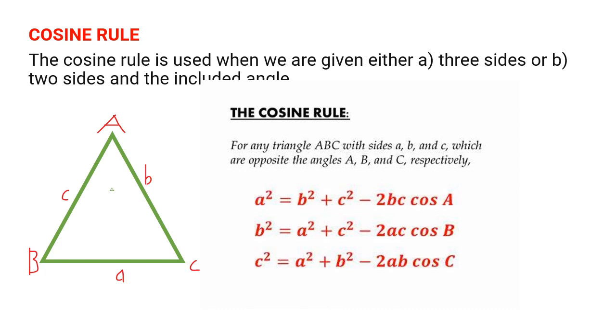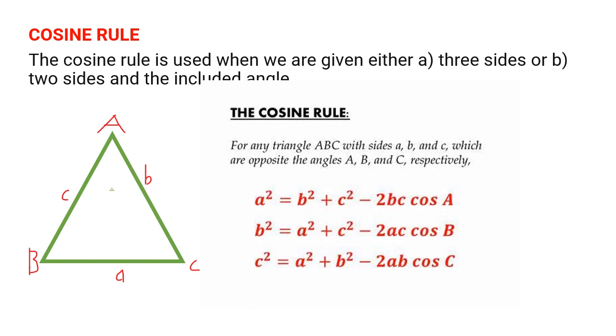where the side b, b squared, equals a squared plus c squared minus 2ac cosine B. And c squared, the side c, equals a squared plus b squared minus 2ab cosine C. Small letters a, b, c are sides, whereas the big letters A, B, C are angles.